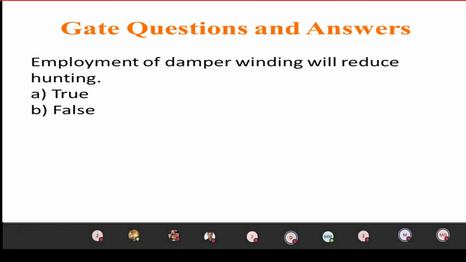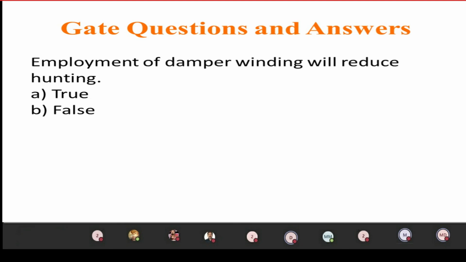Employment of damper winding will reduce hunting. So what is the purpose of damper winding? Damper winding is fixed in the edges of the field. It's the same as the asynchronous motor concept. When it runs at synchronous speed, there is no current flow in the damper winding.